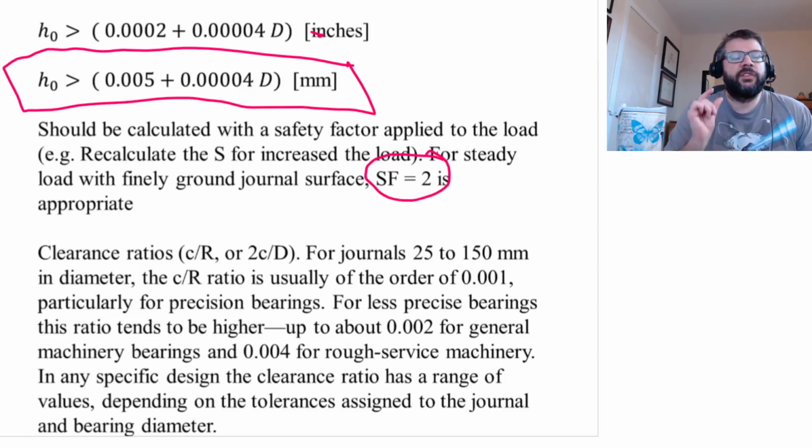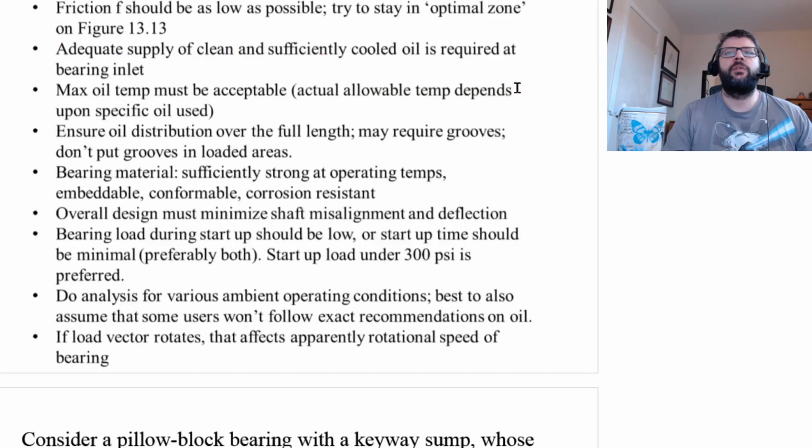You can have a certain tolerance range. So when you're doing your design, you do need to ensure that it works and that it's safe for all of the clearance ratios that could arise as a result of those tolerance ranges. So that needs to be kept in mind too.